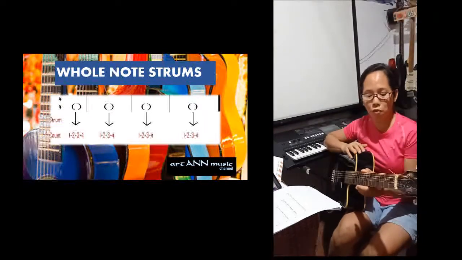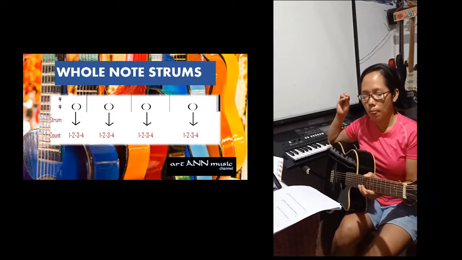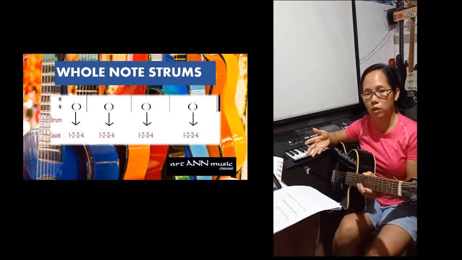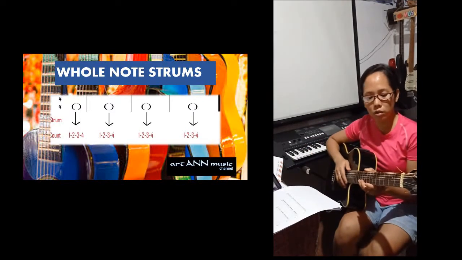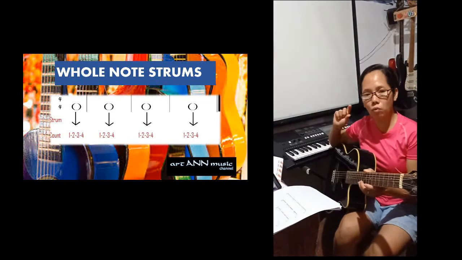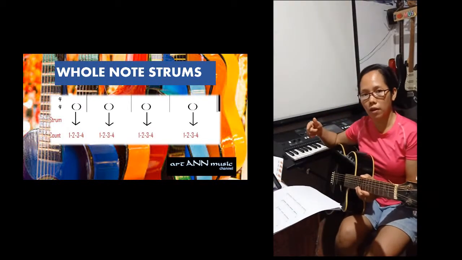Your song must be in a 4/4 time signature, and whenever you have a chord that has a pattern of whole note strum, all you need to do is strum once and wait for the 4 counts to be finished before you make another strum.